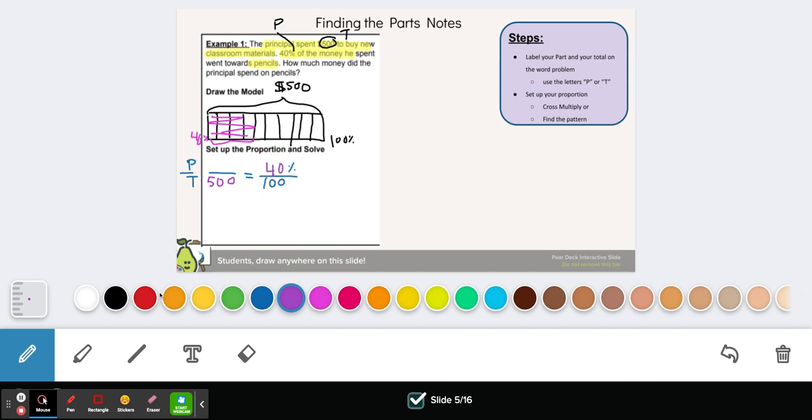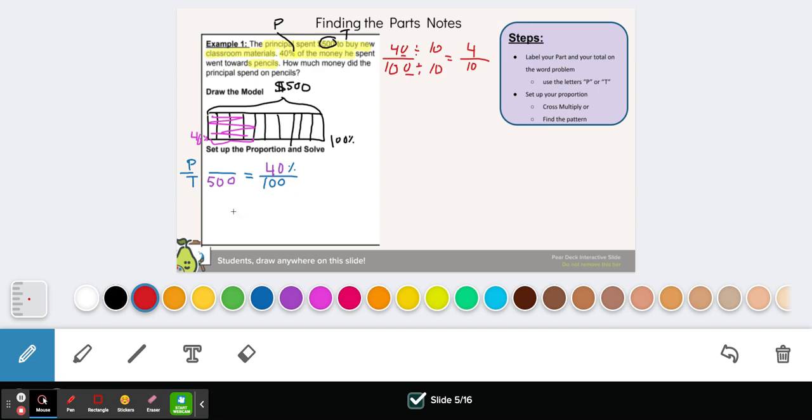Okay, so now in order to solve this, one of the ways we can do it is to simplify my fraction. So I'm going to have 40 over 100. And I know both of these numbers are divisible by 10 because they both end in a 0. So I'm going to divide both of these numbers by 10. 40 divided by 10 is 4. 100 divided by 10 is 10.